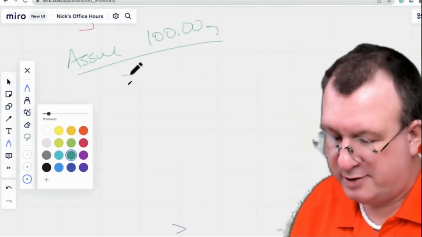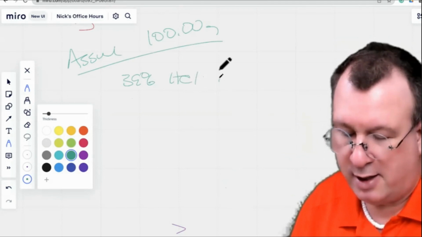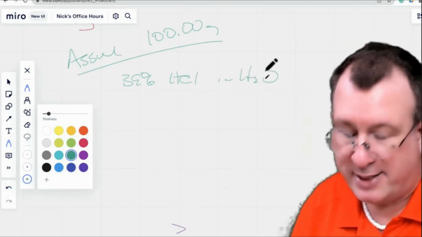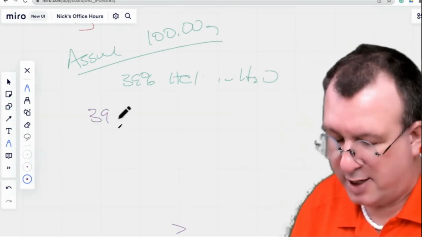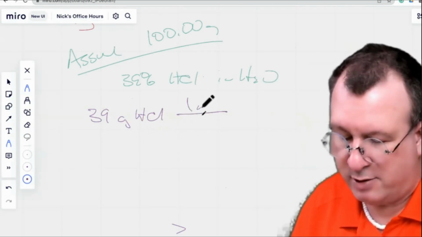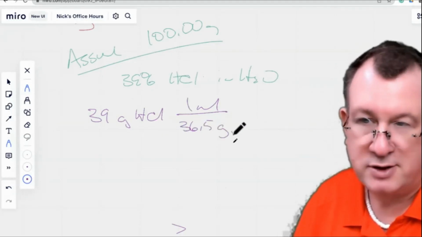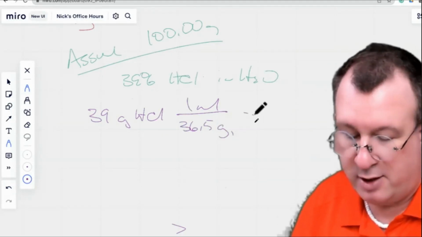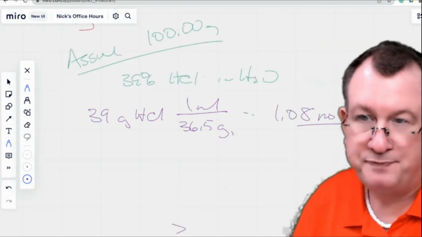And if it's 39% HCl in water by mass, then by definition that's going to be 39 grams of HCl, which if you divide it by 1 mole over 36.5 grams, the molar mass of HCl, you're going to get something like 1.08 moles of HCl.